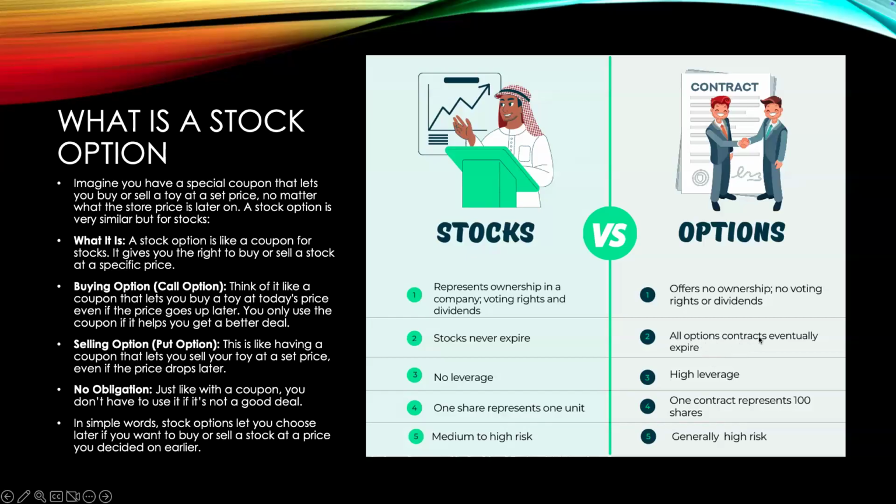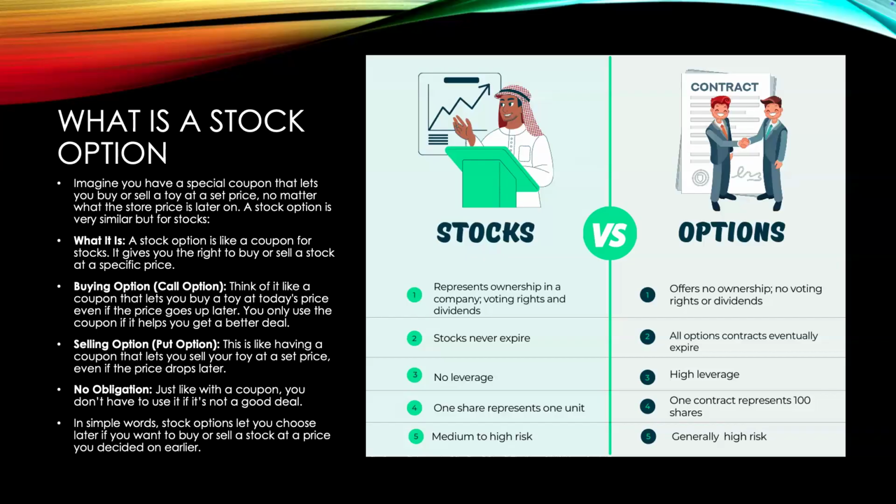Two, all option contracts eventually expire. There is an expiration date for every contract, which I will show you later. That's what's going to make you a good trader or a bad trader, based on the date you choose to sell the contract. Number three, high leverage.